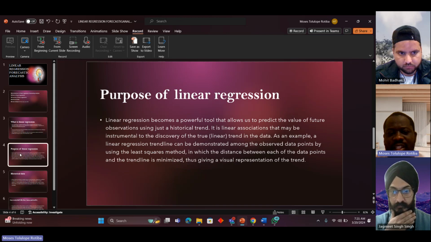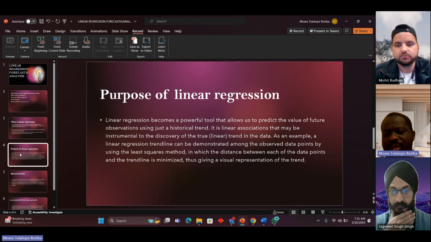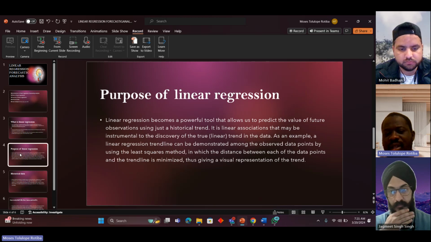It is a powerful tool that allows us to predict the future by observing historical trends and discovering linear trends through data.